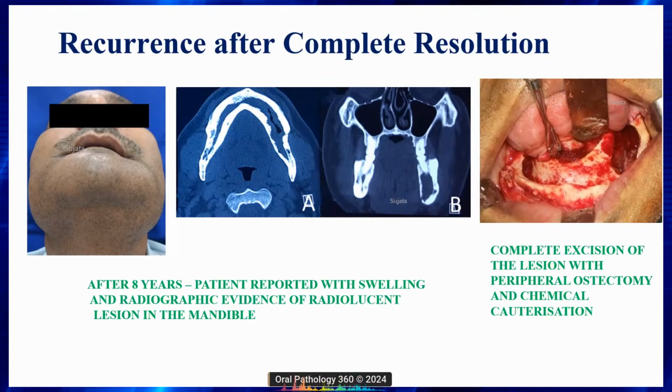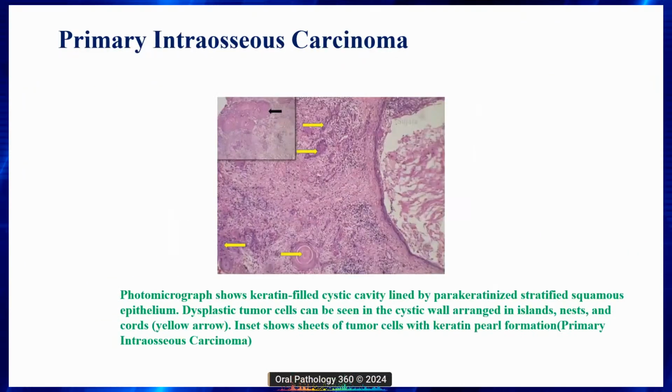But we got a solid mass of tissue from the left side of the ramus region, and the whole of the tissue was sent for biopsy. On biopsy, it came out to be primary intraosseous carcinoma, showing all of its features.